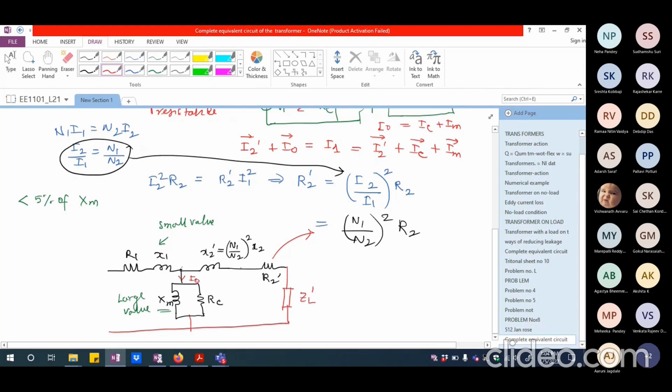What is going here is I0, and this is going to be I2 dash, which means I'm going to have I1 here, which is the summation of I0 and I2 dash. And of course, I'm going to give V1 here.